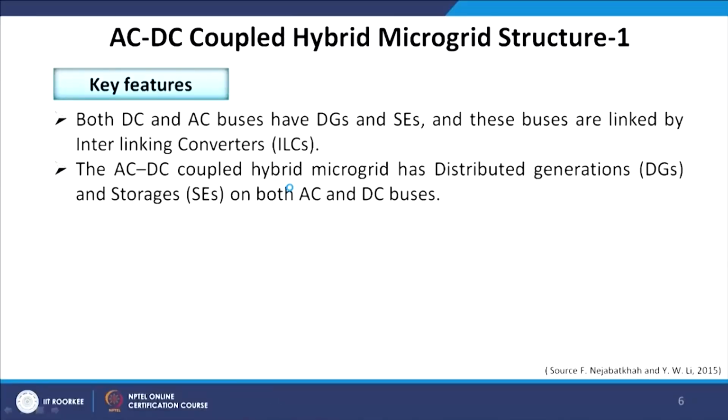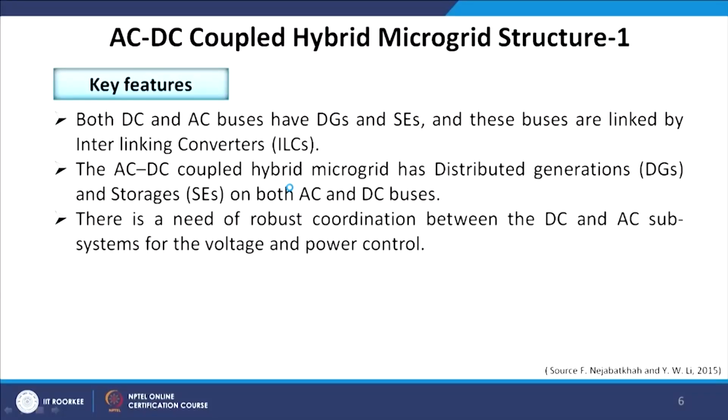The AC-DC coupled hybrid microgrid has distributed generations and storage on both the AC side as well as the DC side. There is a need for robust coordination between the DC and AC subsystems for voltage and power control.